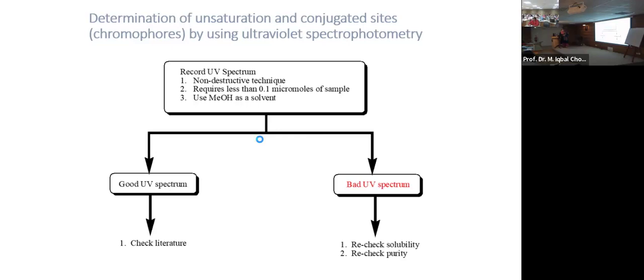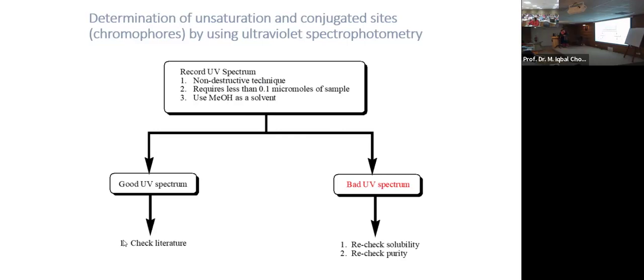UV is again a non-destructive technique, and it is very sensitive, requiring only 0.1 micromolar of the sample. Usually methanol is used as a solvent. If your compound is not soluble, you may need to reconsider and check how you can do it, because methanol is the solvent.